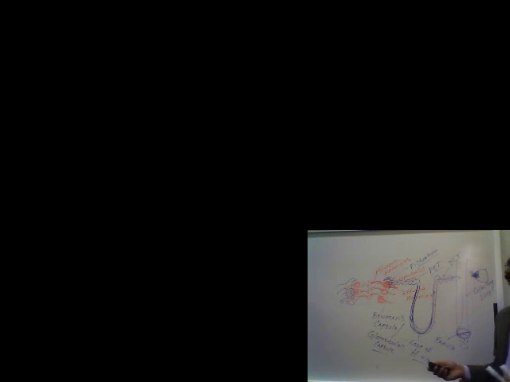So these are the parts of a nephron: Bowman's capsule, proximal convoluted tubule, loop of Henle, distal convoluted tubule, and the collecting duct. Now the loop of Henle has two limbs: the descending limb, this one, and the ascending limb, that one. So the fluid passes through the descending limb first and then through the ascending limb. So those are the parts of the nephron.